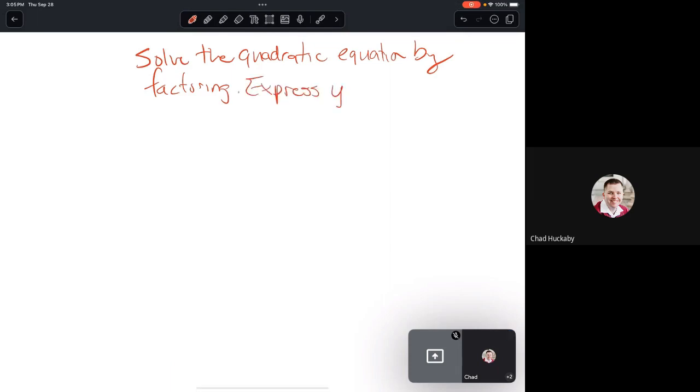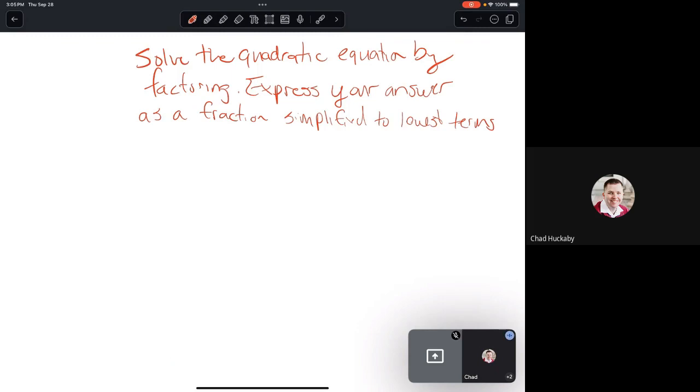Express your answer as a fraction simplified to lowest terms if needed. And we have 4x squared plus 5x equals 6. And we're asked to solve this by factoring.